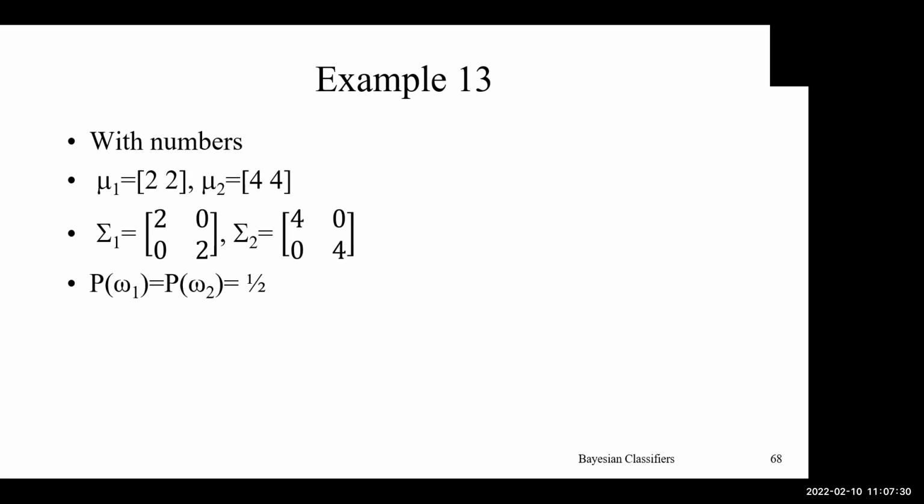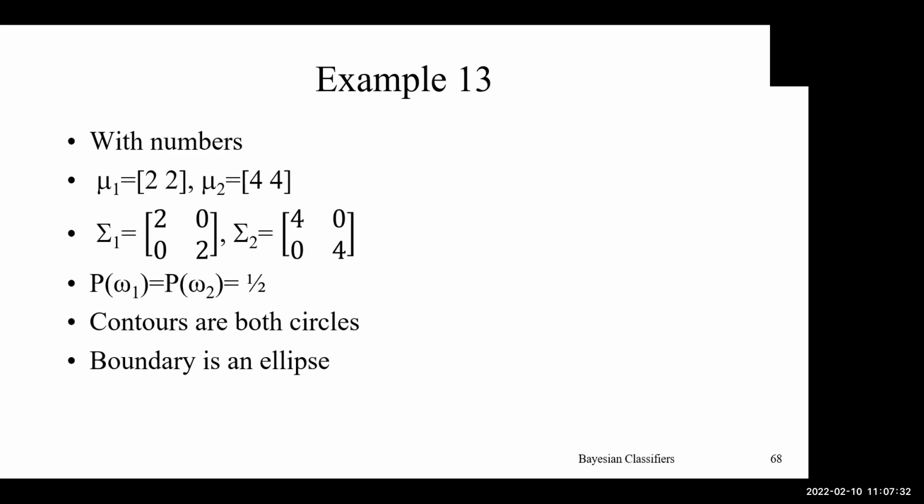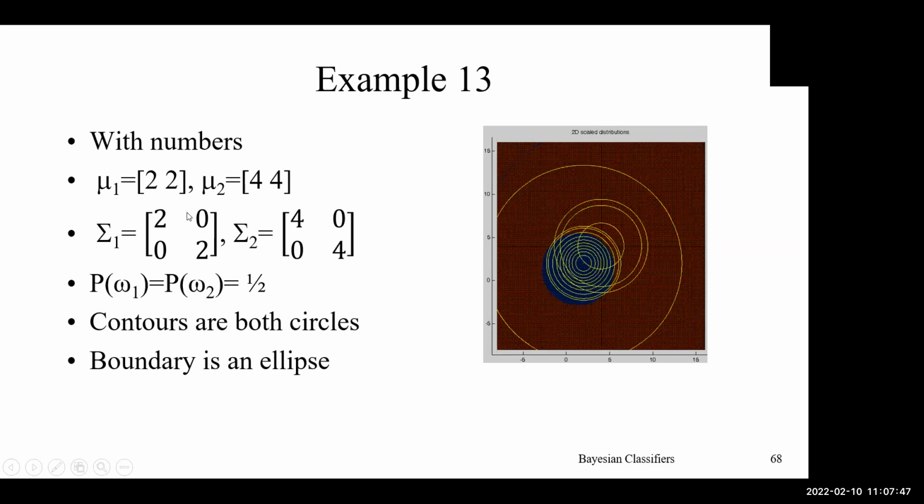So with numbers, because our variances are equal and the covariances are 0, our contours are going to be circles. But because they're not equal to each other, now this is an ellipse.